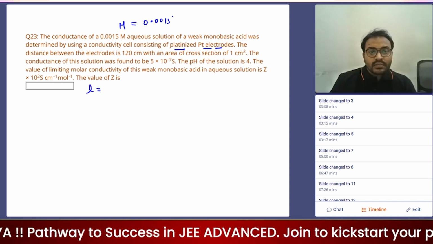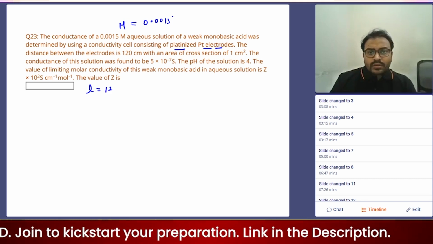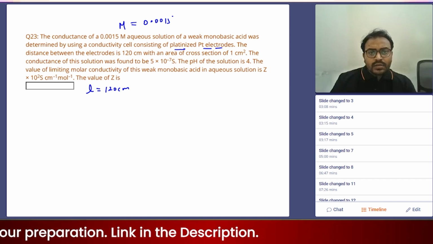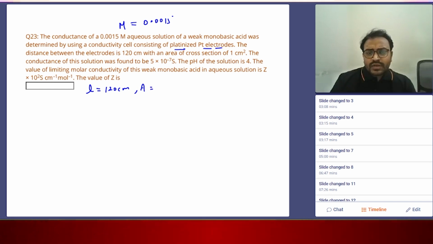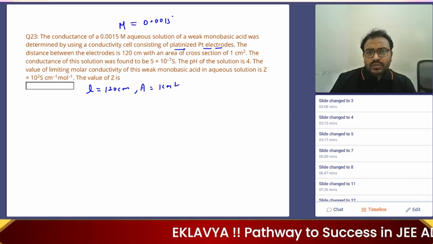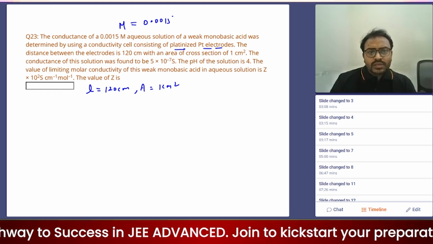Distance is given, means L value is given, 120 centimeter.